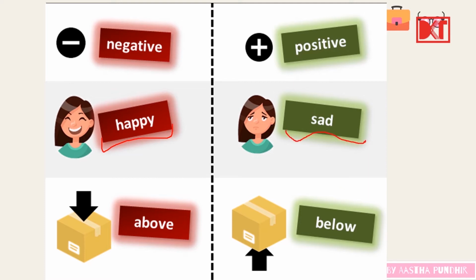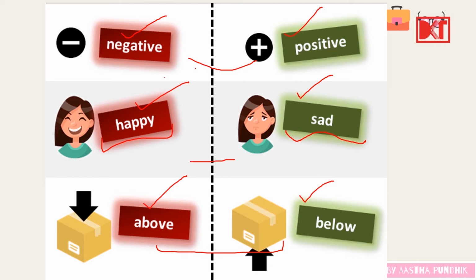But यहाँ पे क्या हो रहा है? यहाँ पे you see negative and positive. Either you see happy and sad, you see above and below. Now here if you can notice, here the situation is that all these words are opposite to each other.